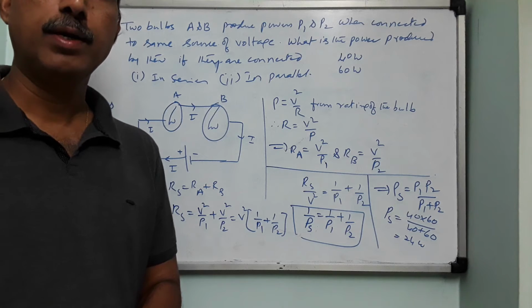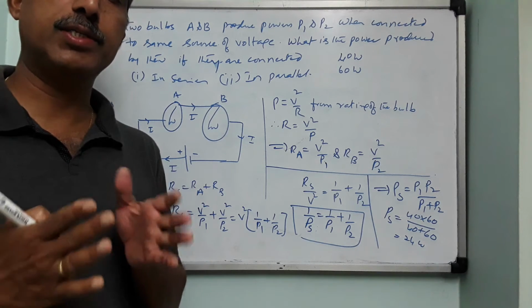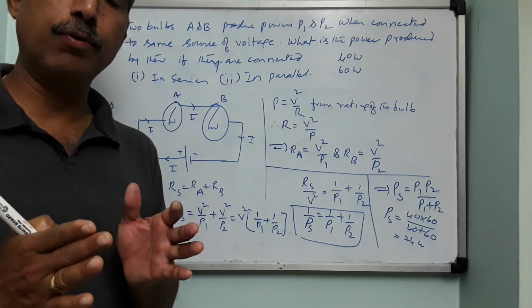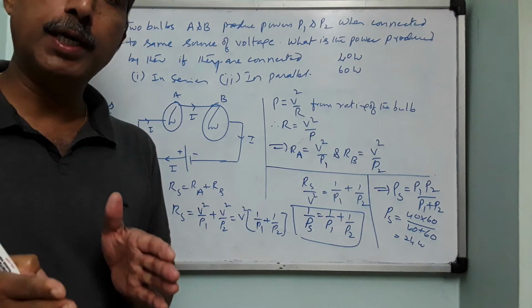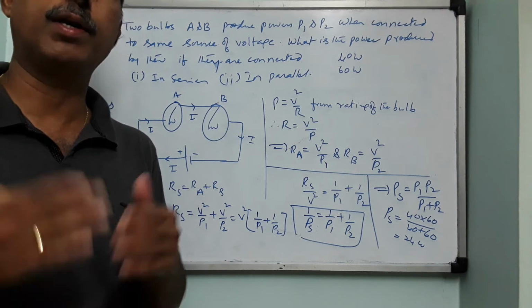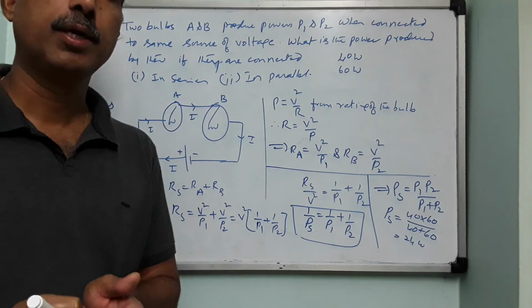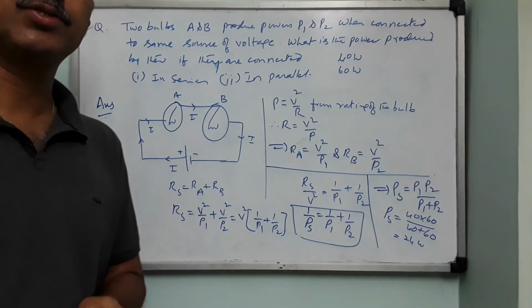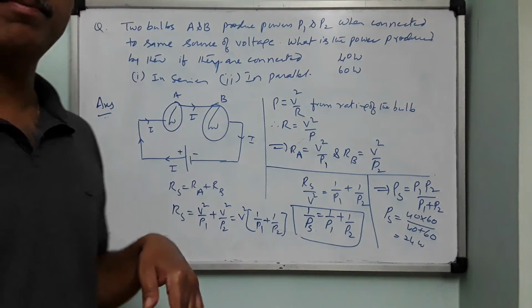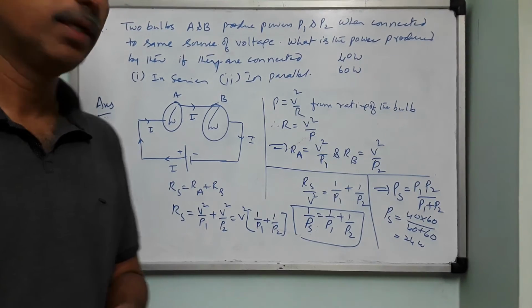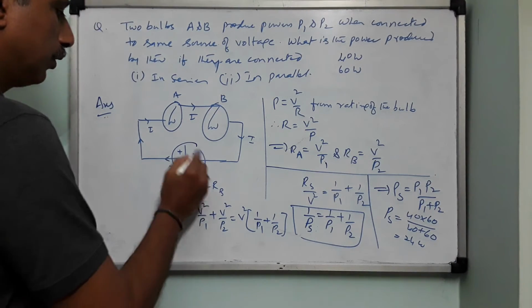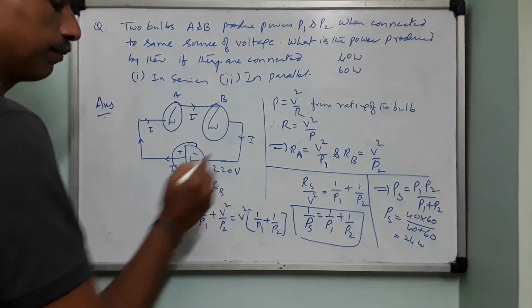That means what? The rating says that if you give 220 volt to the bulb, then only it can give you a power output of 40 watt or 60 watt. But when they are connected in series, you know that current will be same but potential will be divided. What is the potential of this source? This source potential was 220 volt.